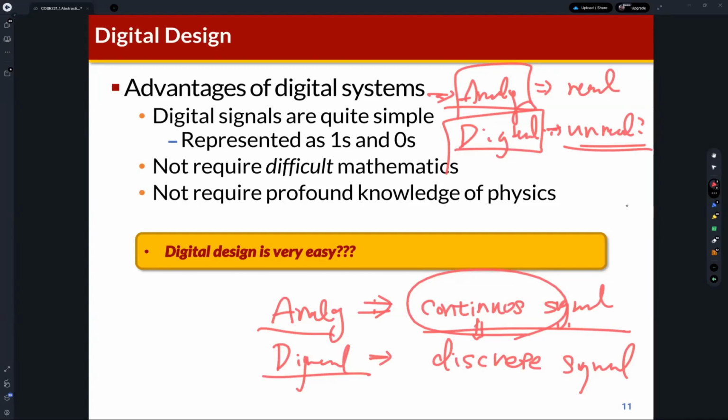In these systems, the signals are represented as ones and zeros. That is the main feature of digital signals.